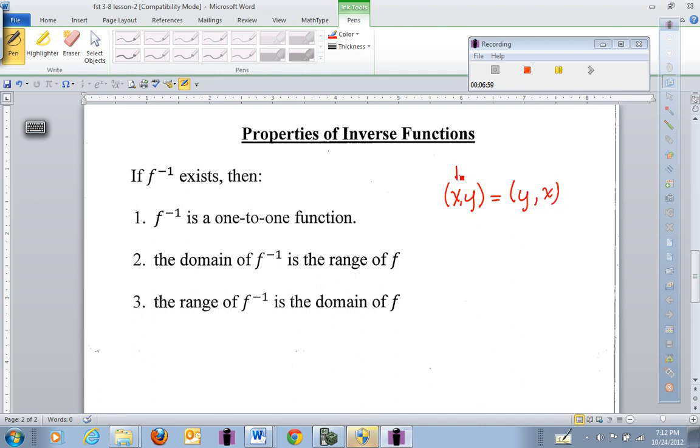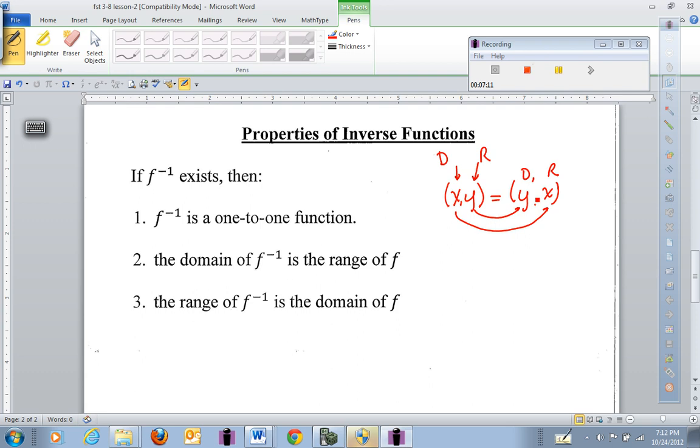So we consider the x's the domain values and the y's the range values. So when we switch those around, this domain becomes the range, this range becomes the domain. That's what that means.